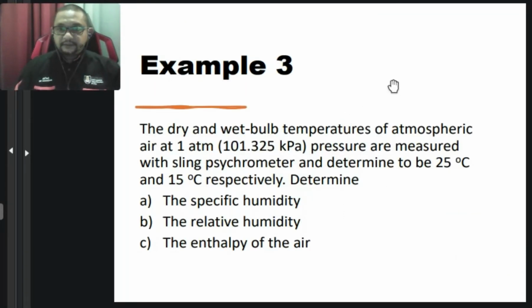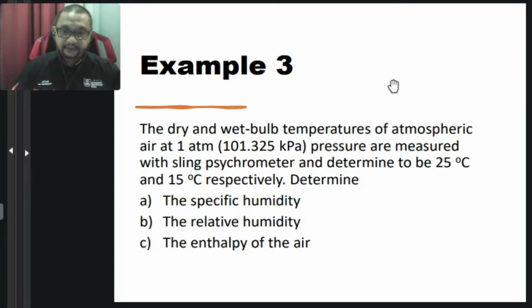The dry and wet bulb temperatures of atmospheric air at 1 atm pressure are measured using a sling psychrometer and determined to be 25 degrees Celsius and 15 degrees Celsius respectively.